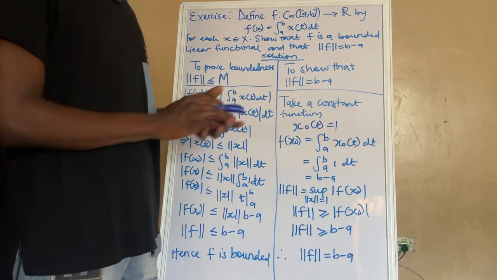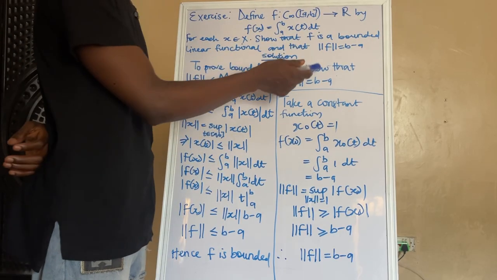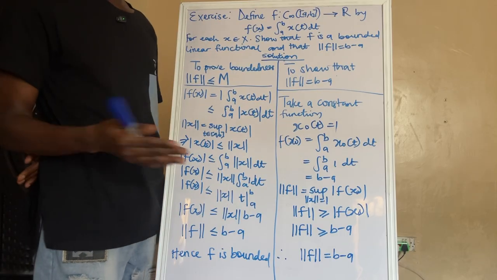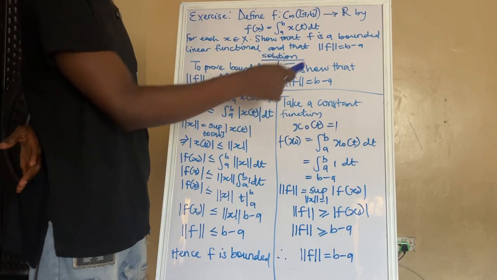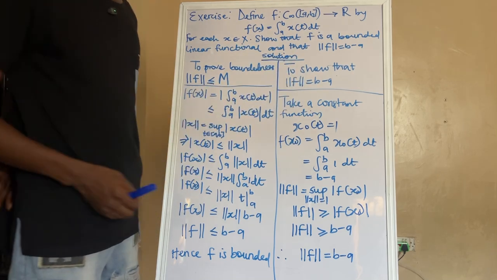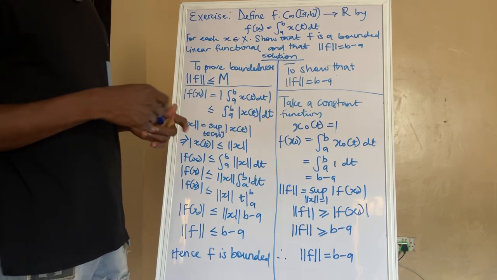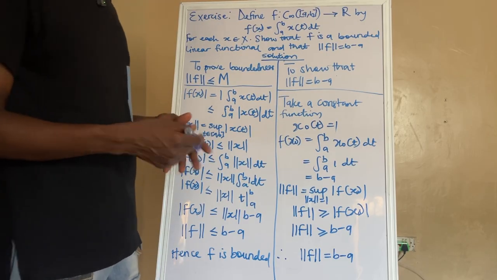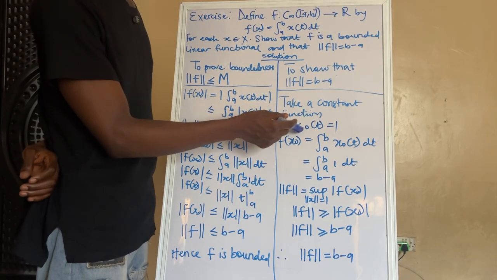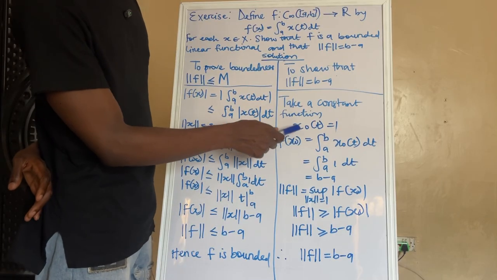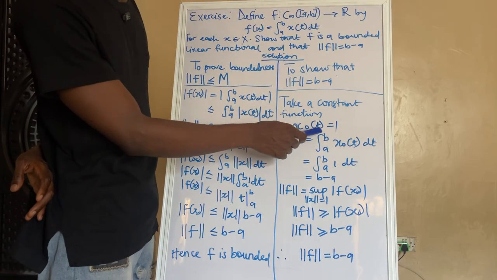Now to show the last part, which is to show that the norm of f is equal to b minus a, what this is telling you to do is basically estimate the norm, but they have already given you what the estimate is. I just wanted to show that that norm is equal to b minus a. So how we approach this is that we take a constant function and we let the constant function be equal to something. In this case, we let the constant function be equal to 1 just to make our work easy for us. So I said, let's take my constant function to be x naught of t and it's equal to 1.